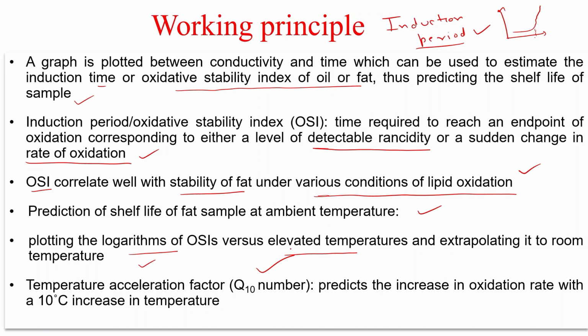If we are increasing the temperature by 10 degrees Celsius, how much is the effect on the reaction, and how much is the effect on the induction period? Obviously it will get reduced. The Q10 value for this Rancimat is generally 2. That is, the induction period reduces to half if you increase the temperature by 10 degrees Celsius. So it predicts the increase in the oxidation rate with a 10 degrees Celsius increase in temperature.